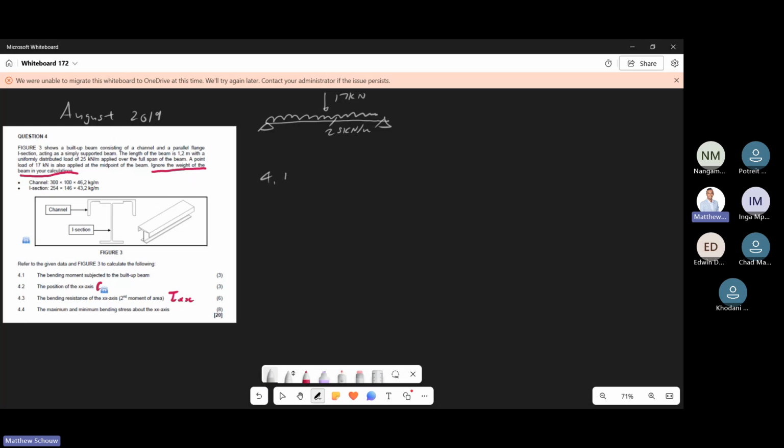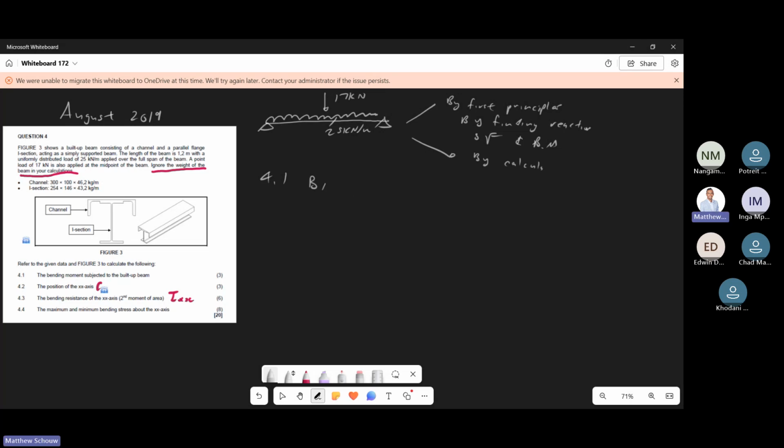So 4.1, remember, you have two choices in order to solve this. It's either by first principles, which means finding reactions, and then you must find the shear force and bending moment. You guys are aware of that approach, right? And the second one is by formulas, which they nicely do for you.